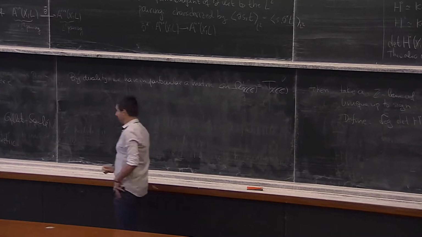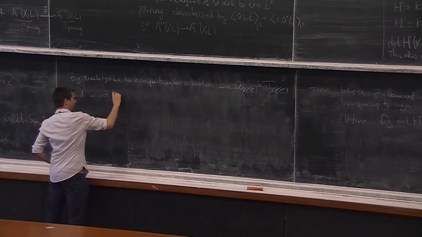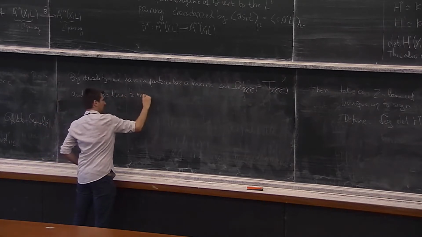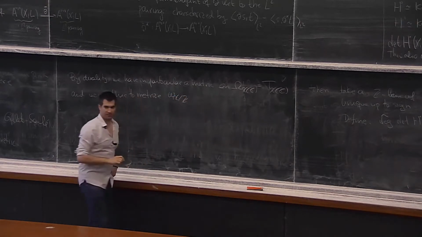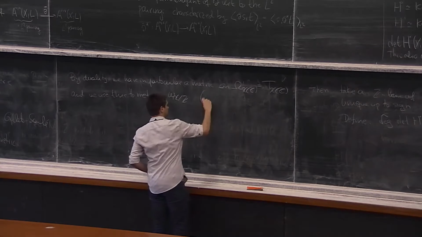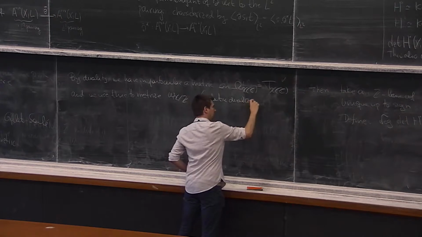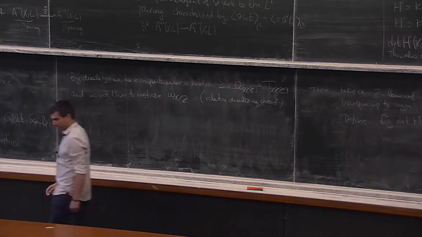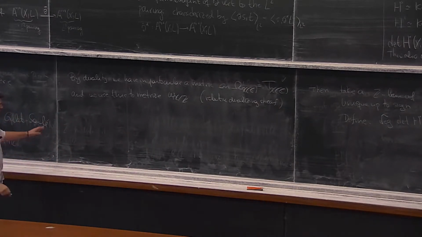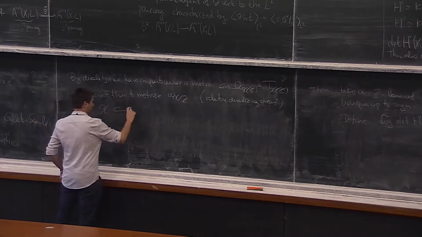And we'll use this to metrize the relative dualizing sheaf of this arithmetic surface. Well, just to be sure that all the ingredients in the statement will be defined, I will just recall how the relative dualizing sheaf can be constructed in this case.